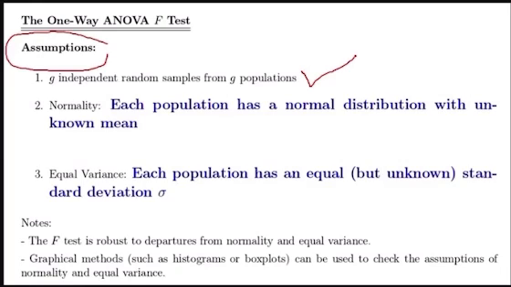Number 2, each population we're choosing from must follow a normal distribution. Then number 3 in the assumptions is that all the populations must have equal variances or equal standard deviations. We're not talking about sample variances. We're talking about population variances. Population variances and population standard deviations have to be the same. These are the assumptions in analysis of variance.